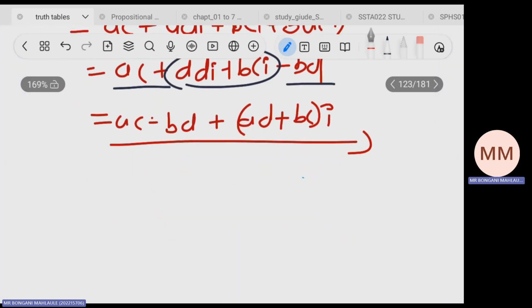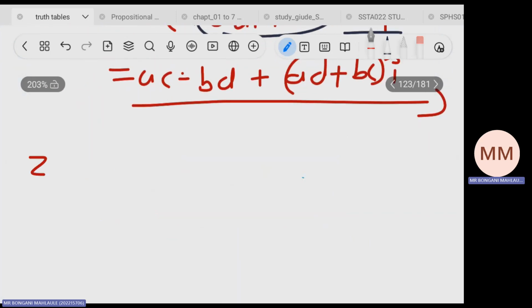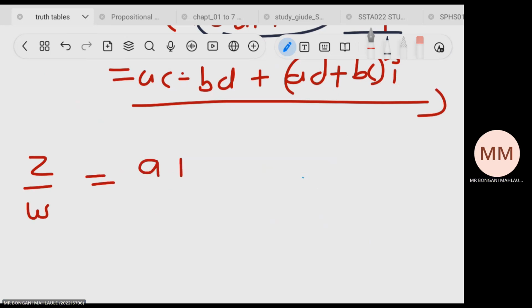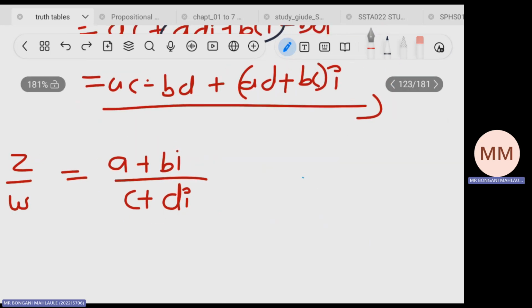We can also perform division. But if you're performing division, our z is a plus bi, our w is c plus di. For us to successfully do this, you must multiply by the conjugate.